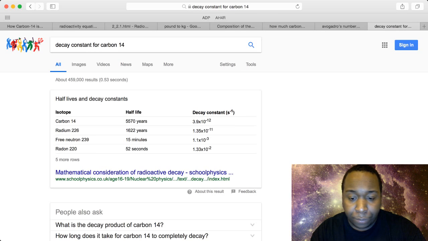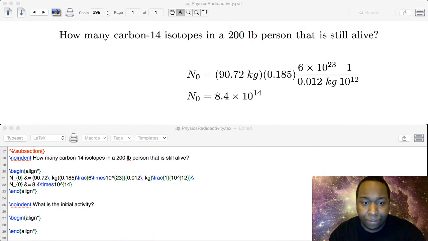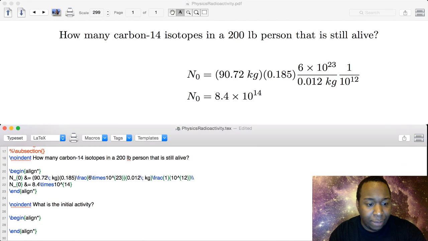So our initial activity, let's see, I need to switch us back to our tech document. Our initial activity, A sub 0 or A naught, is equal to, and given that we've already just seen the equation, I'll just go ahead and plug in the values.